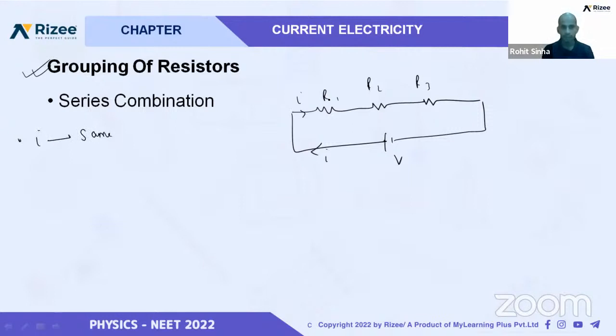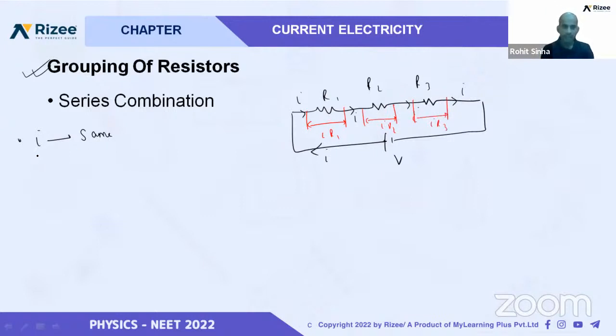Remember, current I will flow here, I will flow here, without any decrease. Now, if current is flowing here, we will have different potential differences. How? It will be I into R1, I into R2, and I into R3.